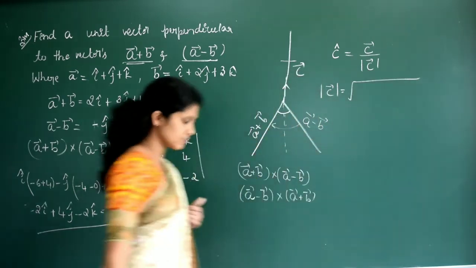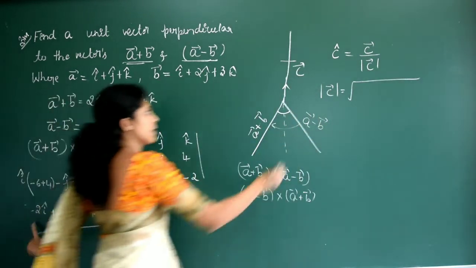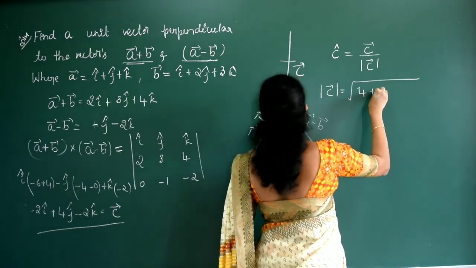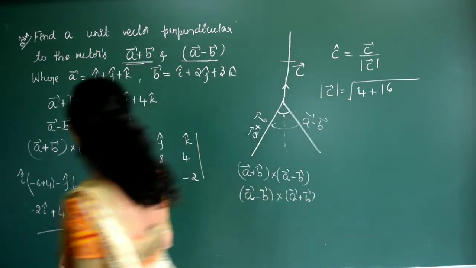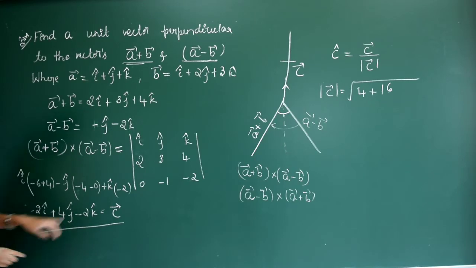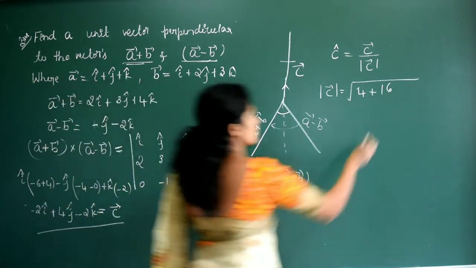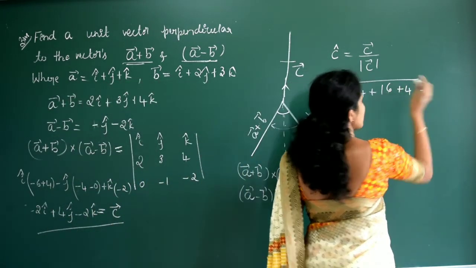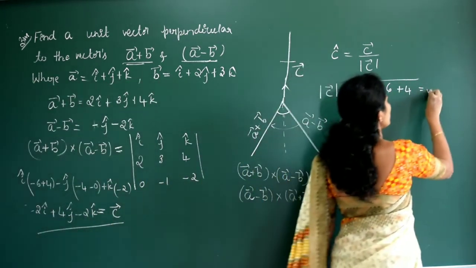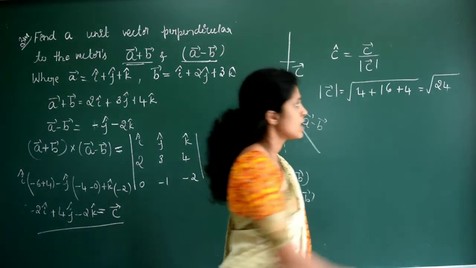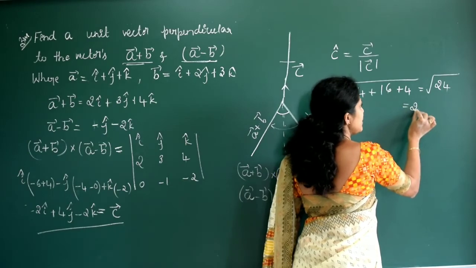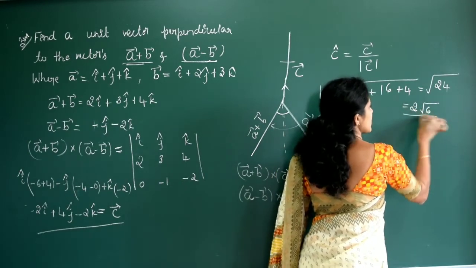Root of, see this 2 square will be 4 plus 4 square is 16 plus 4, right? This is now 16 plus 4, 20, 24, root 24. So root 24 can be done as 4 into 6. So 4 into 6 is nothing but we can write 2 root 6, right?